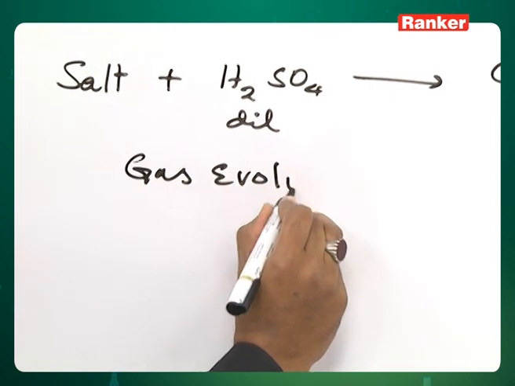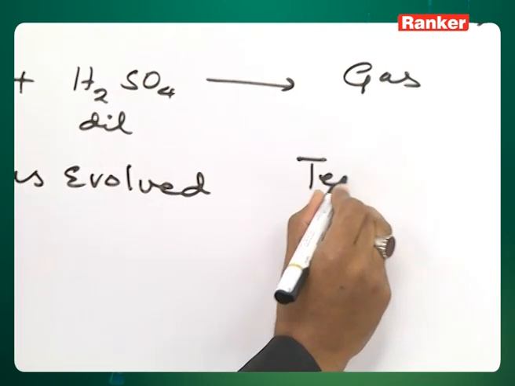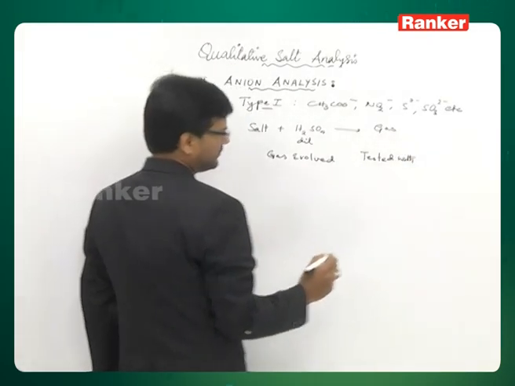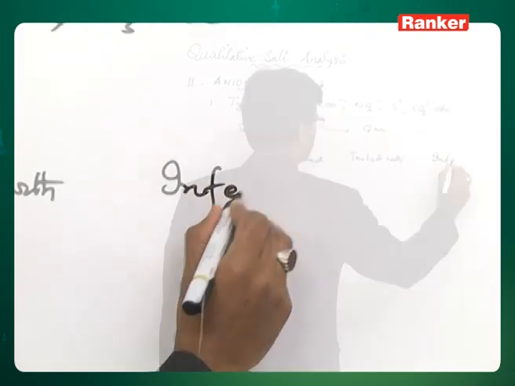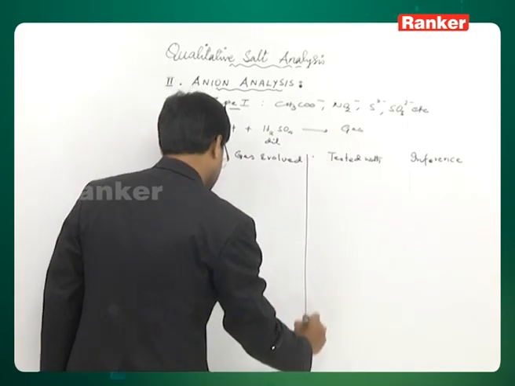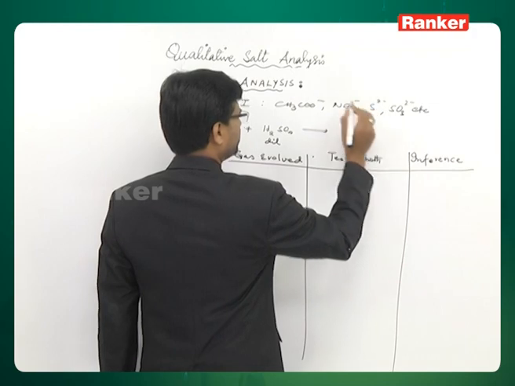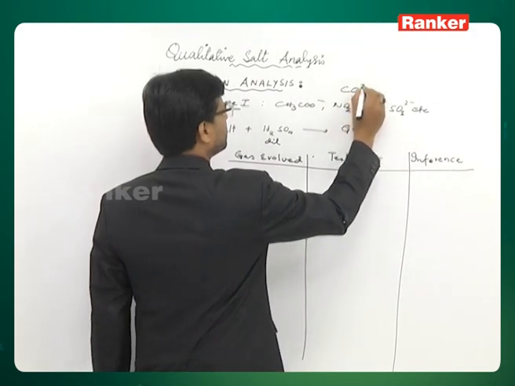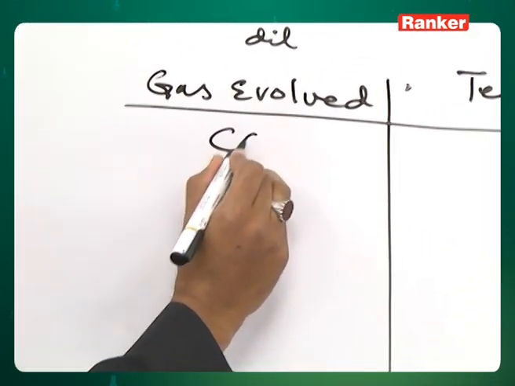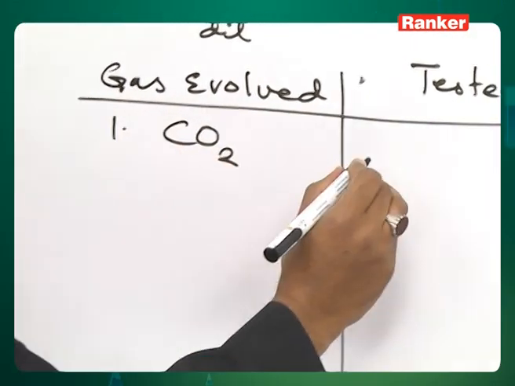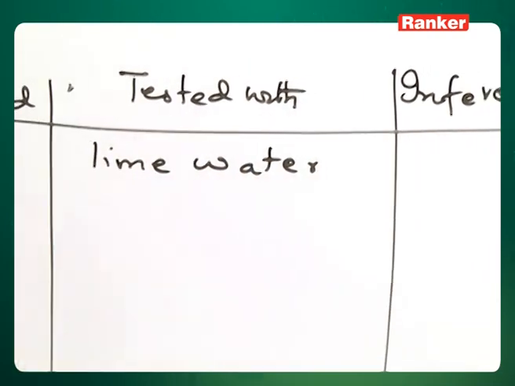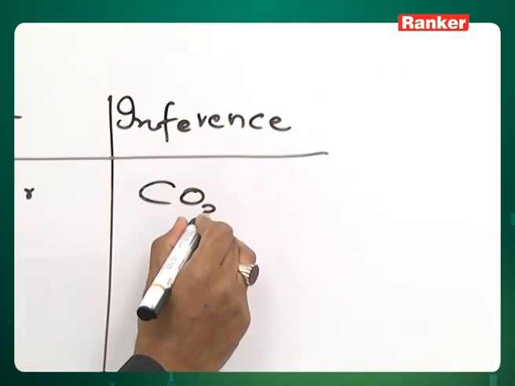Gas evolved, tested with, inference. We can add carbonate also here. If the gas evolved is carbon dioxide, it is tested with lime water. Lime water turns milky, you know that, and inference is carbonate.